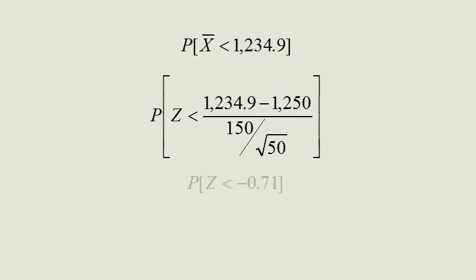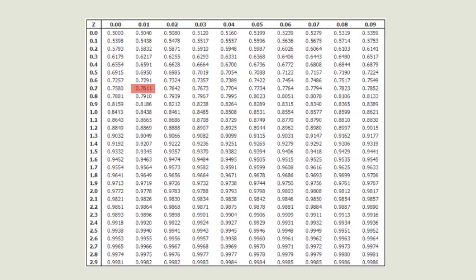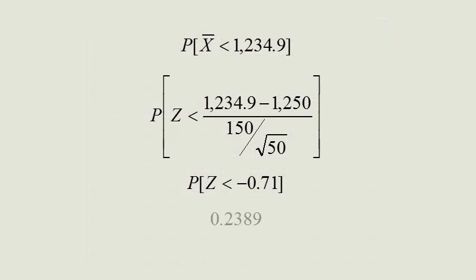Then divide by the SD, and we see that z is less than negative 0.71. Checking the z table, we see that this probability is 0.2398. And this is the probability of type 2 error if the mean is actually 1,250.